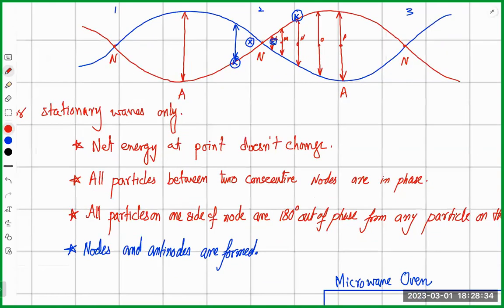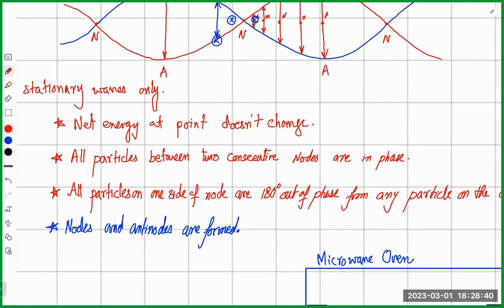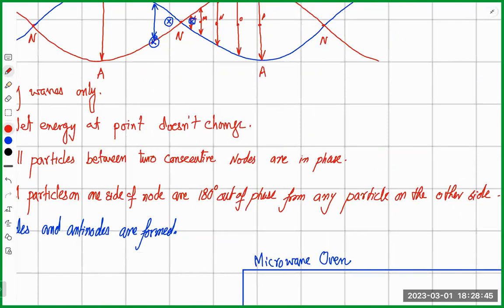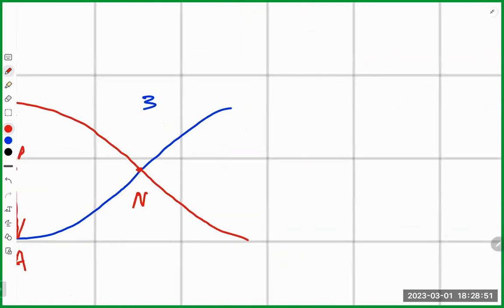All particles on one side of a node are 180 degrees out of phase from any particle on the other side of the node. So if particles on one side of the node are going up, on the other side of the node, particles will be coming down. Let's focus on this. Let's say this is particle X, and this is particle Y. If particle X is going up, particle Y must be coming down.